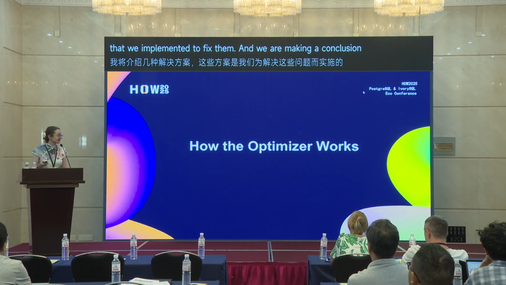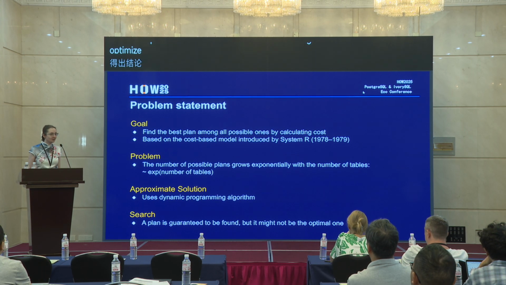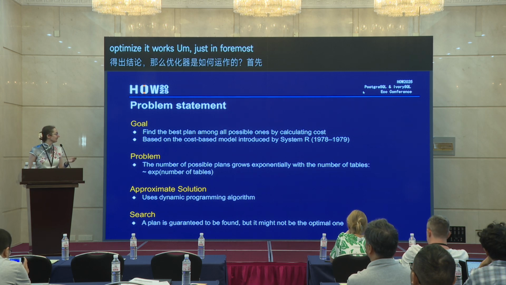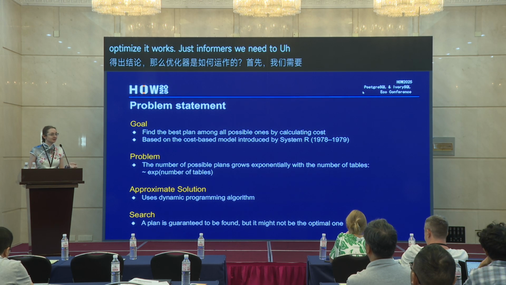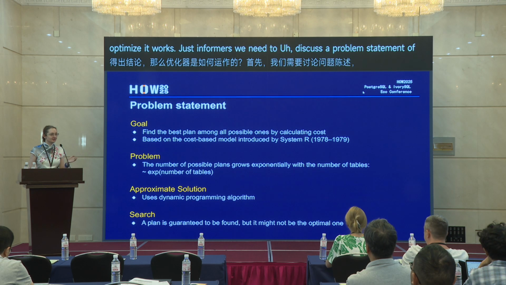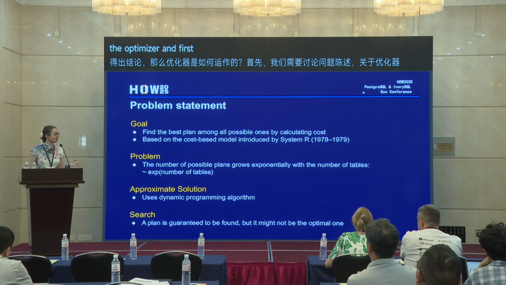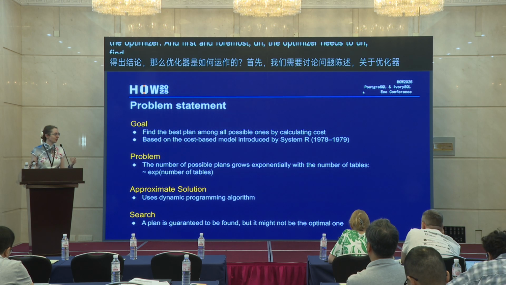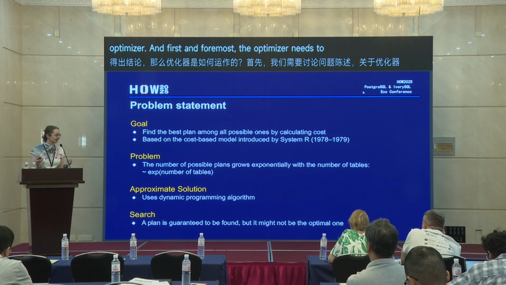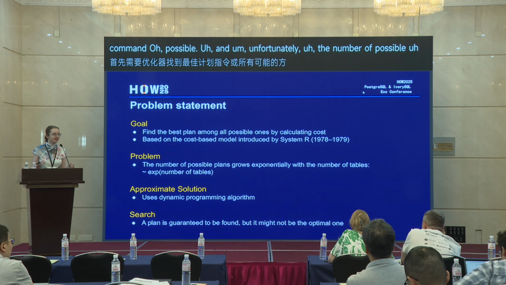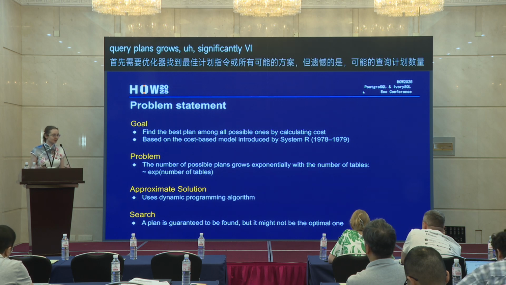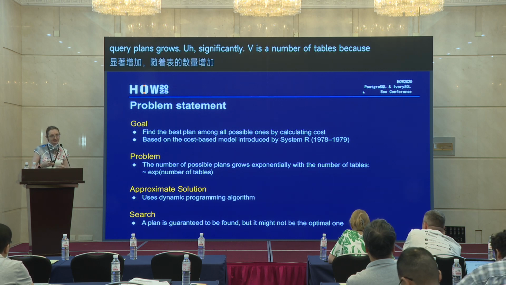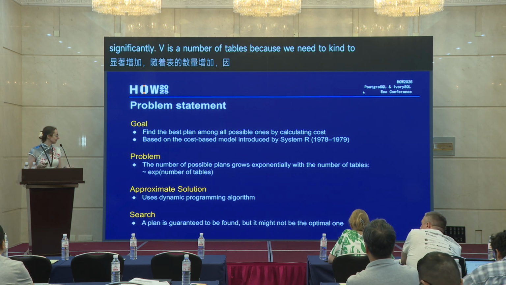So, how does the optimizer work? First and foremost, we need to discuss the problem statement of the optimizer. The optimizer needs to find the best plan among all possible ones. Unfortunately, the number of possible query plans grows significantly with the number of tables because we need to consider all combinations of them.